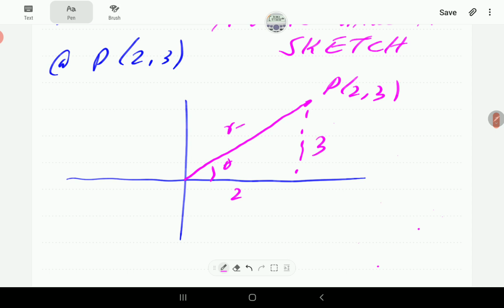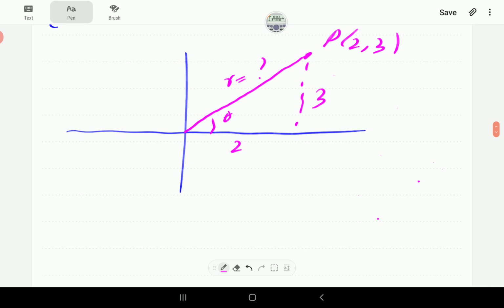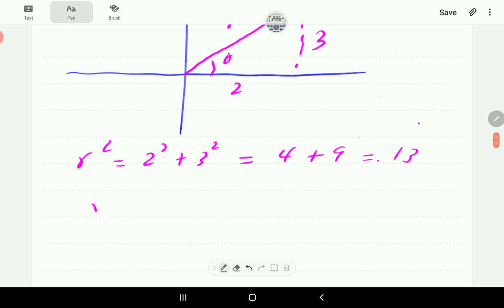We need to find that radial distance. By Pythagoras, r squared is 2 squared plus 3 squared. 2 squared is 4, 3 squared is 9, this is 13, so r squared is 13, and r is square root 13.